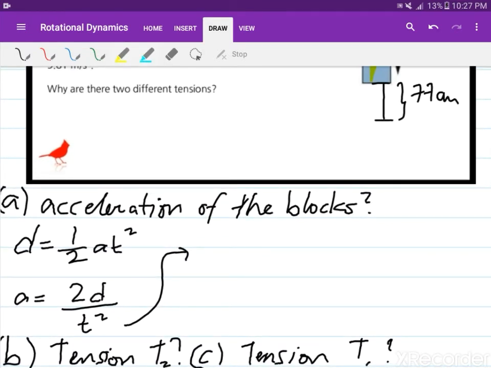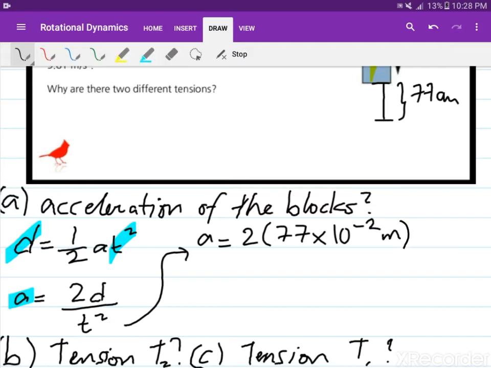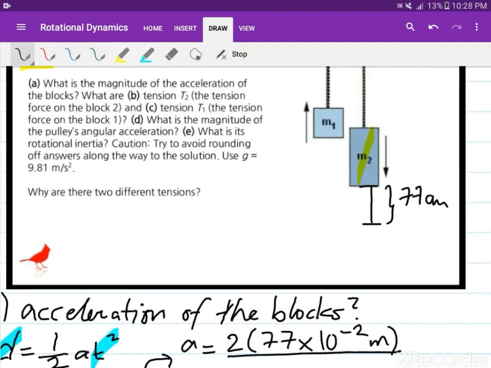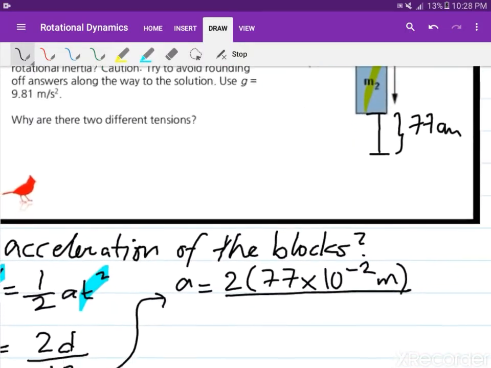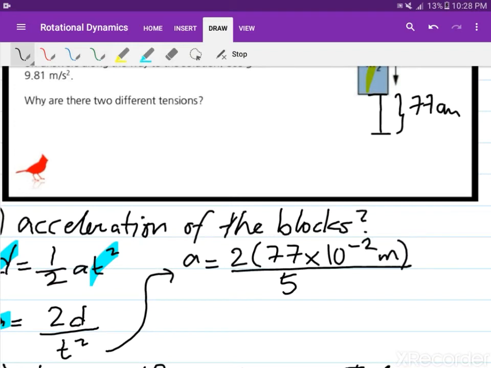Okay, so given that it has a falling distance and a time wherein it fell down that distance, we can solve for A. So our acceleration here is equal to 2 times 77 cm over t squared. So our time on falling down is 5.2 seconds, squared.